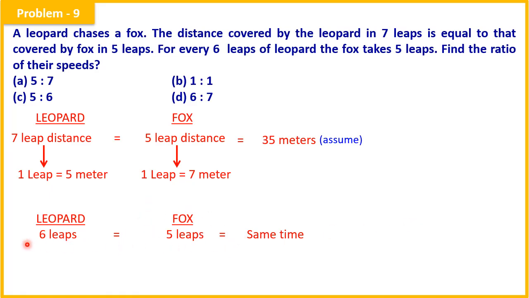Now we know what is the distance covered in one leap, so I will multiply it with the number of leaps. One leap distance of leopard is 5 meters and of fox is 7 meters. Hence, when the leopard covers 30 meters, fox is able to cover 35 meters. So this is the ratio of their speed, that is 30 is to 35 or 5 is to 7. Option A is the right answer.